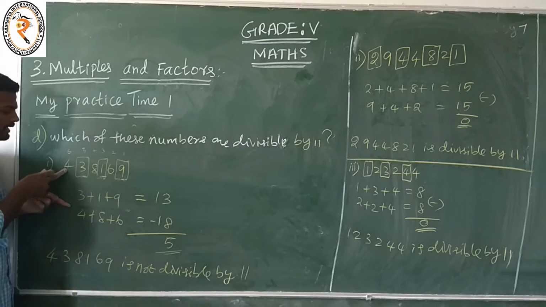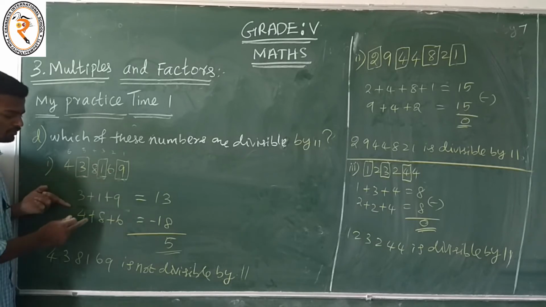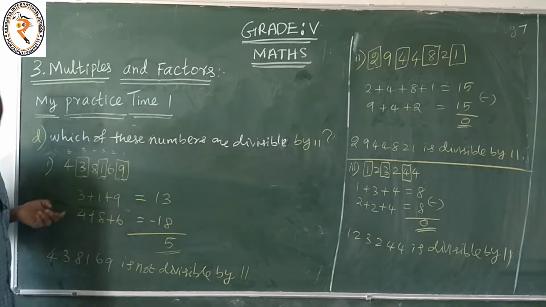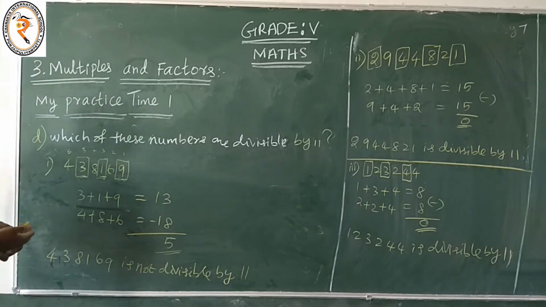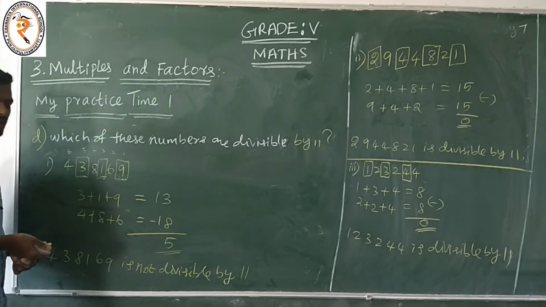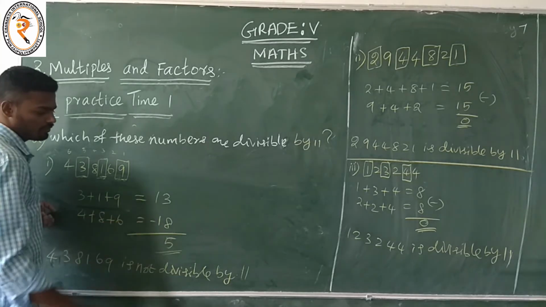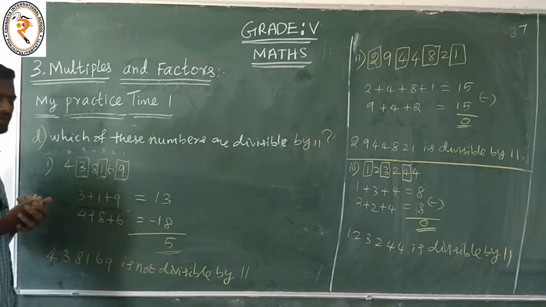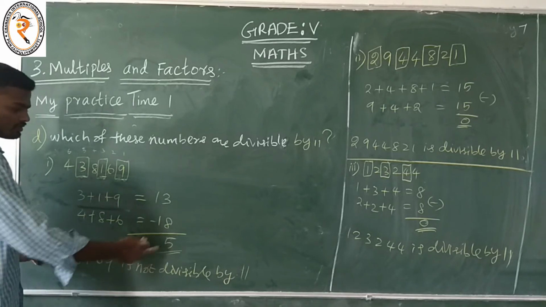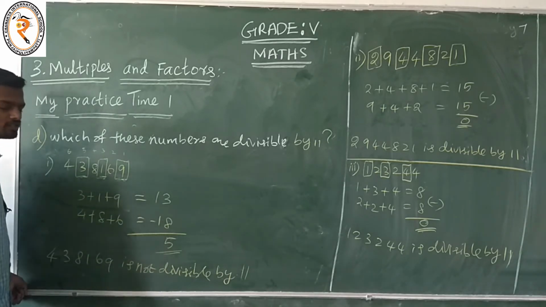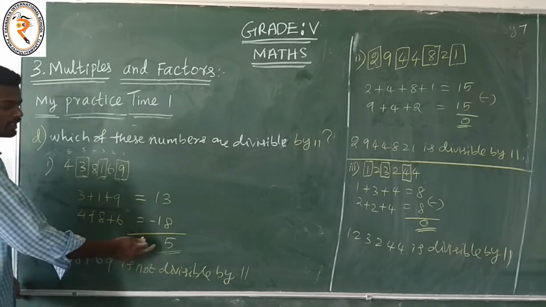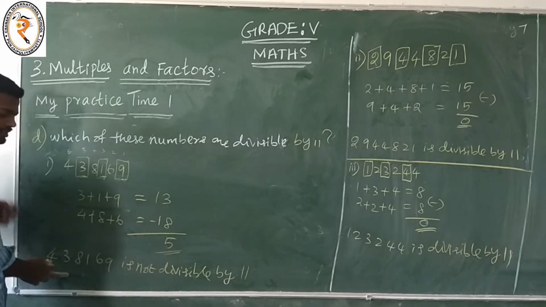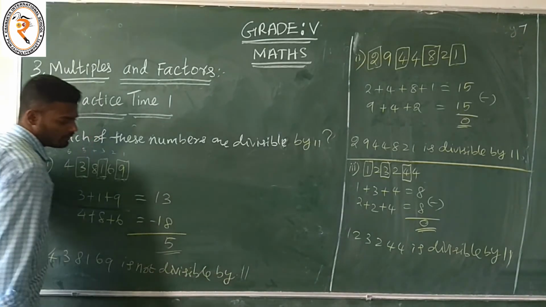Next we add the even digit numbers 4, 8, 6. The answer is 18. Subtracting the two sums, the answer is 5, which is not 0 or a multiple of 11. So this number is not divisible by 11.